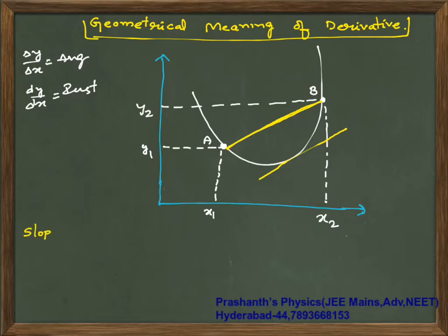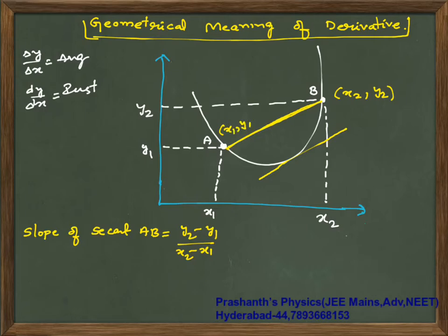So the slope of secant AB is y2 minus y1 by x2 minus x1, because point B coordinates are x2 comma y2, point A coordinates are x1 comma y1.